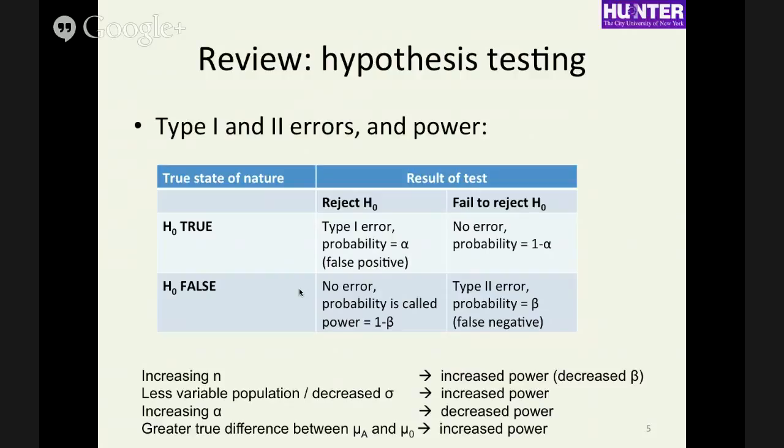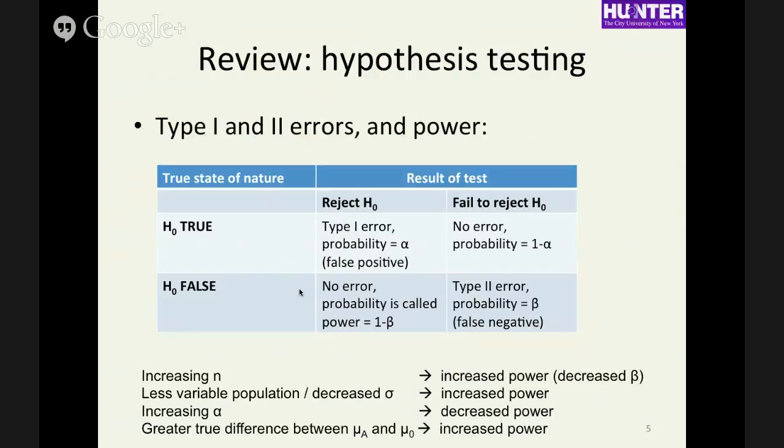Of course, if you increase n, your standard error goes down, so your confidence interval shrinks, and your test statistic will increase, other things being held constant, so you get better power. If there's less variability in your population, so sigma, your standard deviation, goes down, your standard error will also go down, resulting in increased power.